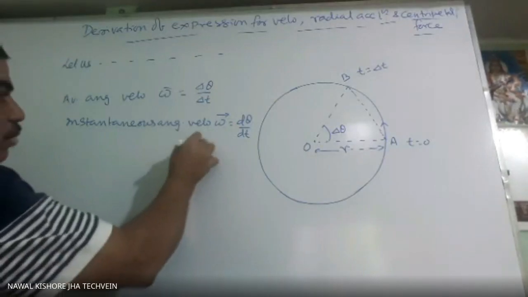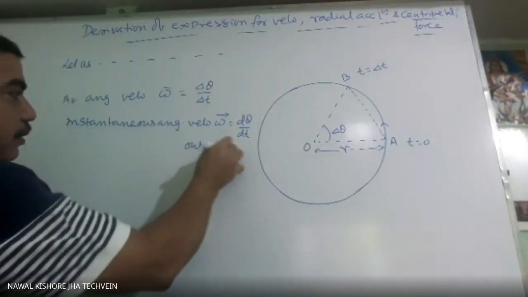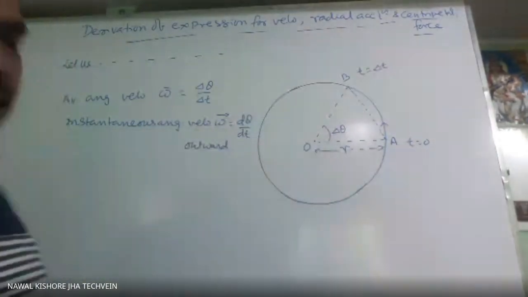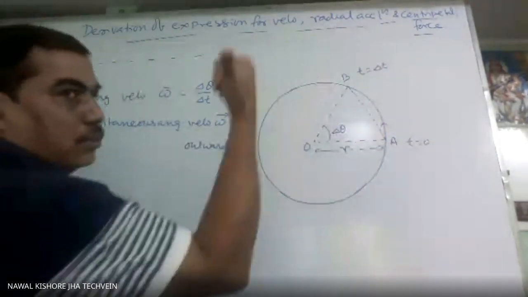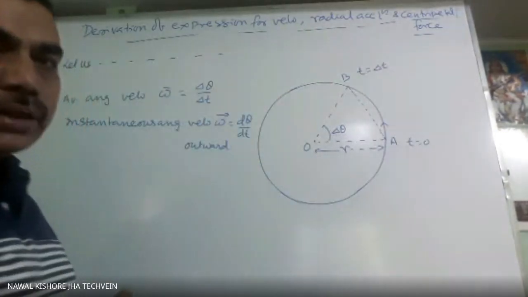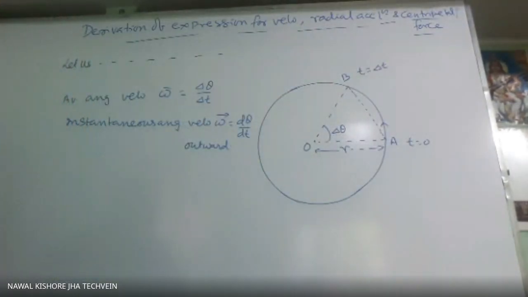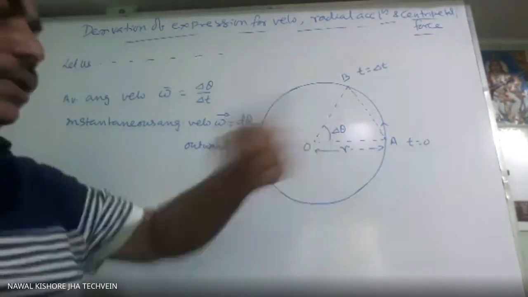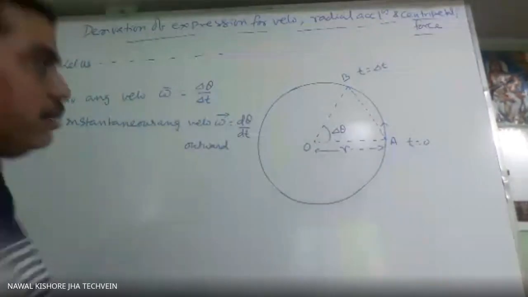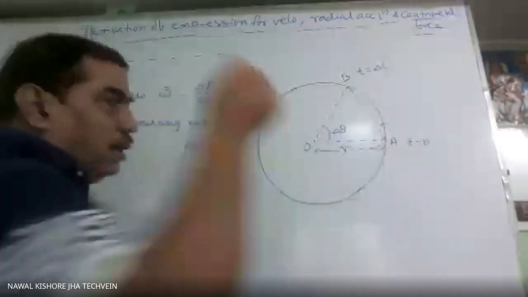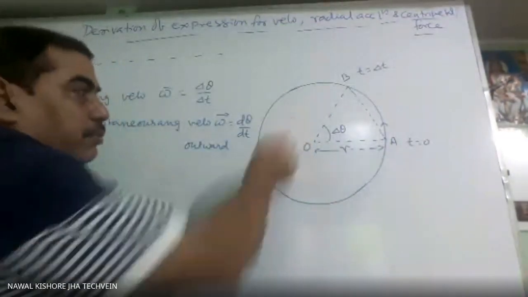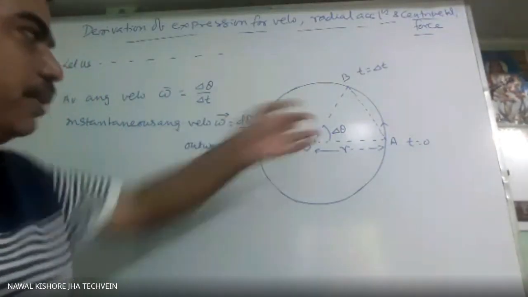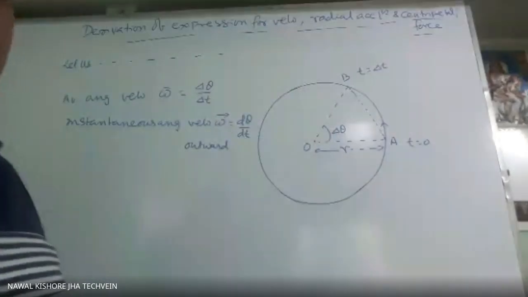As it is moving in the anti-clockwise direction, the direction is outward. It is an axial vector, along the axis of rotation, and the axis of rotation here is outward. If the particle is moving in the clockwise direction, then the direction of angular velocity, or angular displacement for a small angle, will be inward.